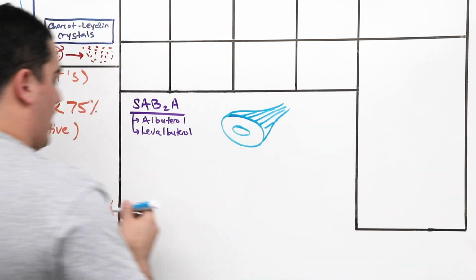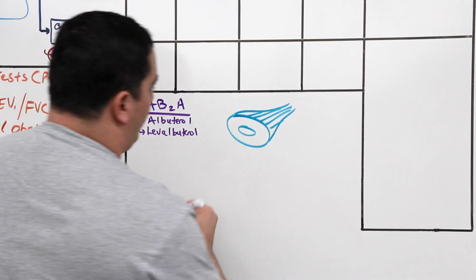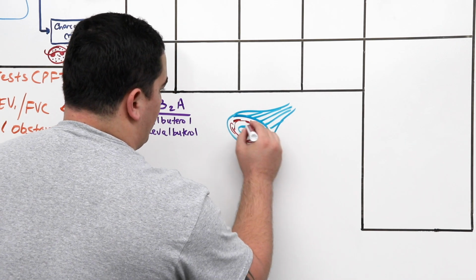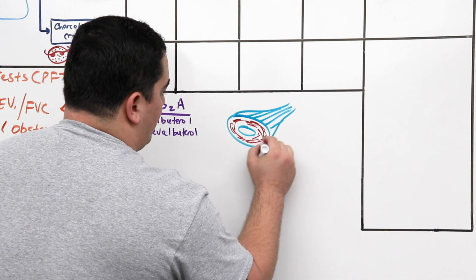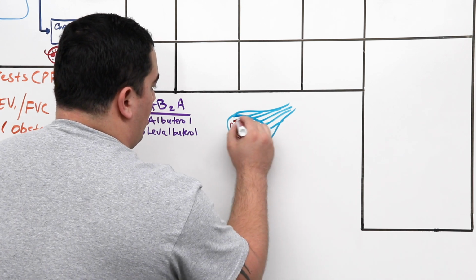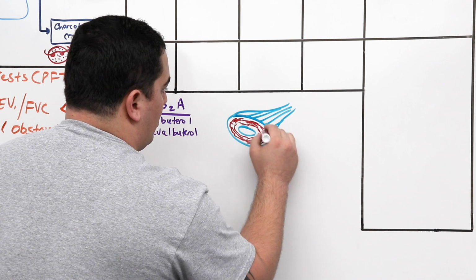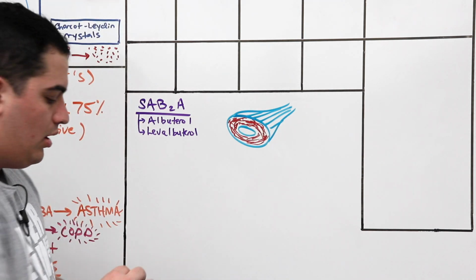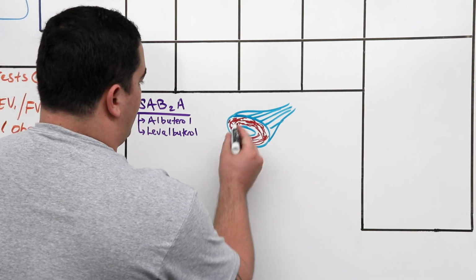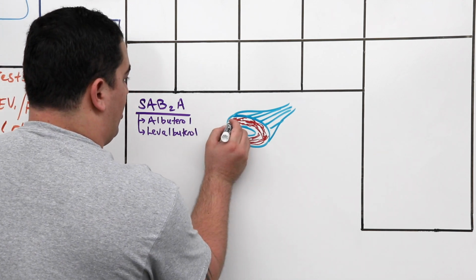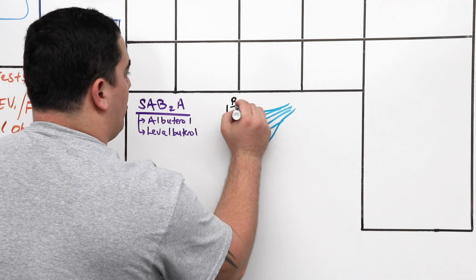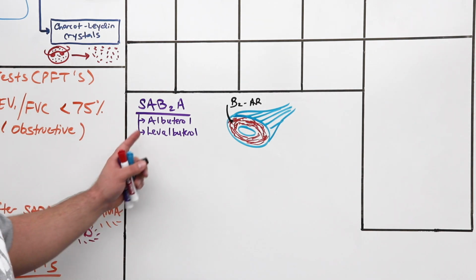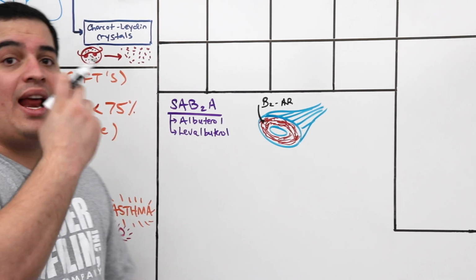Here's the lumen, and then you have the smooth muscle. The smooth muscle has 2 different types of receptors on it. One is muscarinic receptors, and the other is beta receptors. The particular type you're going to see for this situation is beta-2 adrenergic receptors.